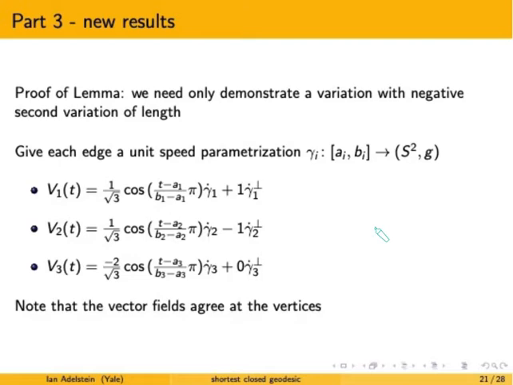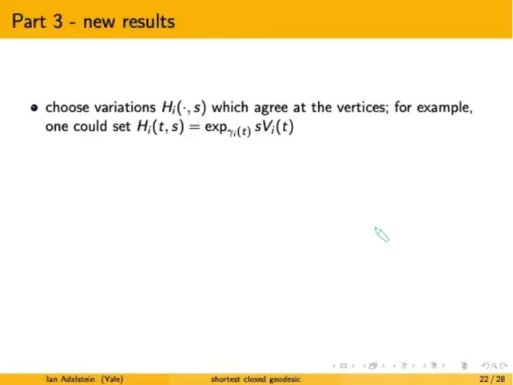Okay, so that's the idea of why these are the vector fields that are working. Next step is to show a few more of the details and then to compute the variations of length.